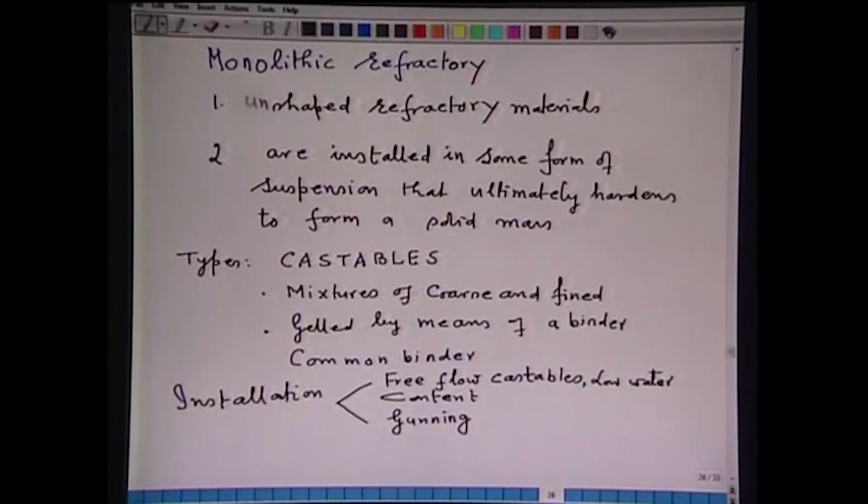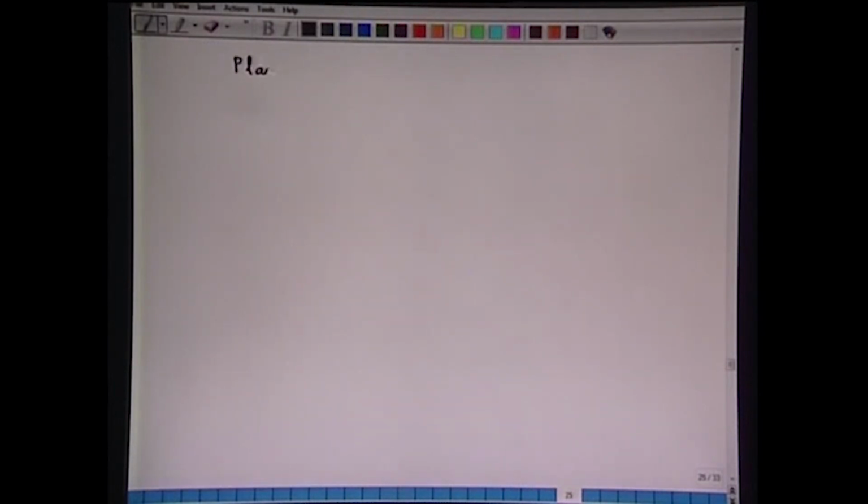Now, we have say three different types of mixture. One will be plastic refractories, then ramming refractories, and patching refractories.